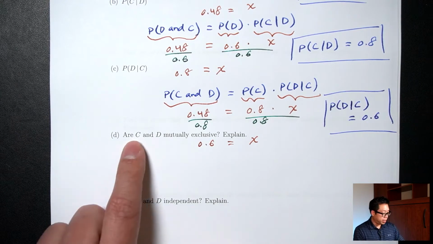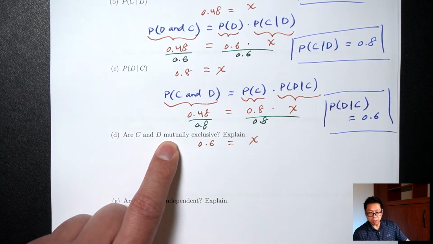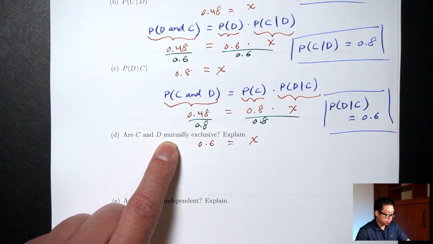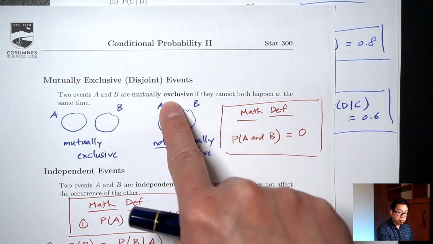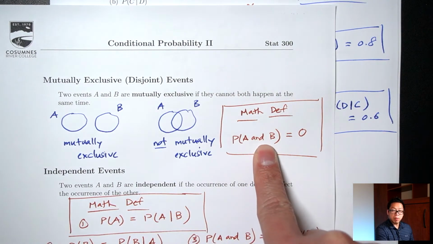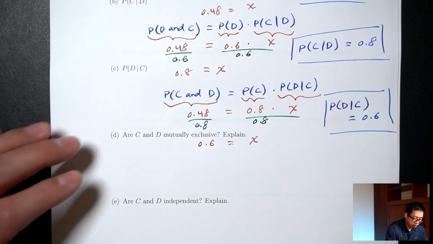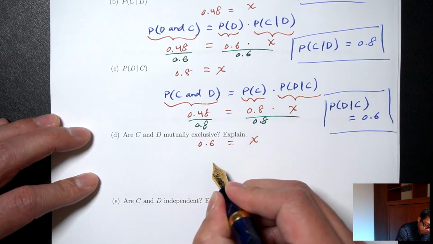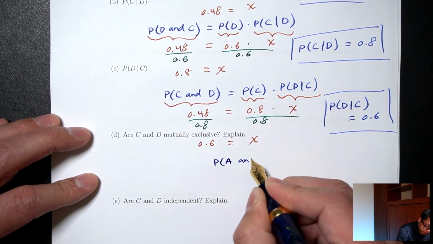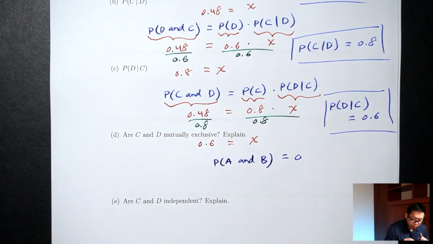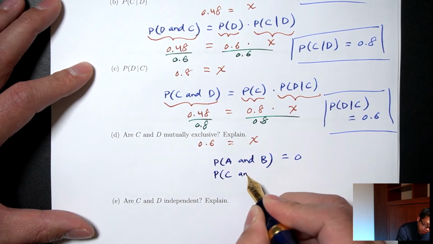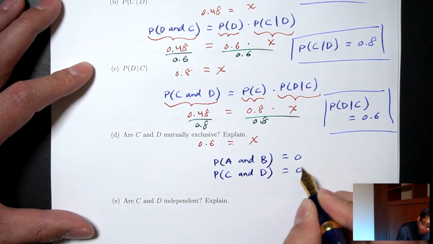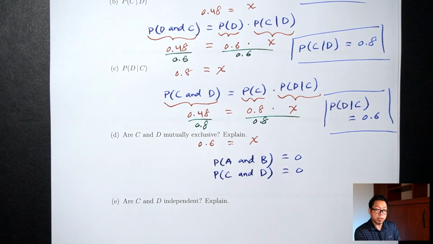Part D, are C and D mutually exclusive? Okay, that means we're going to check one of the equations on the front page. So mutually exclusive is which equation? This one. So probability of A and B is equal to 0. And then for this question, since we're talking about C's and D's, let me replace the A with C and the B with D. Okay, check left, check right, and check whether or not they're equal.